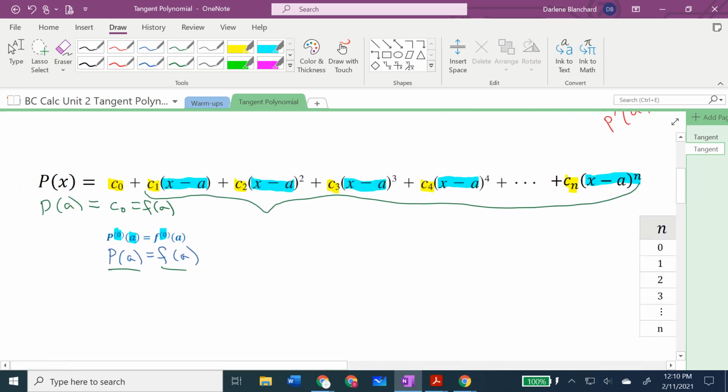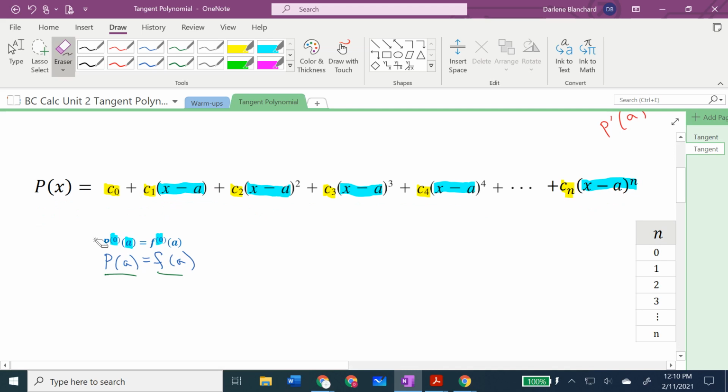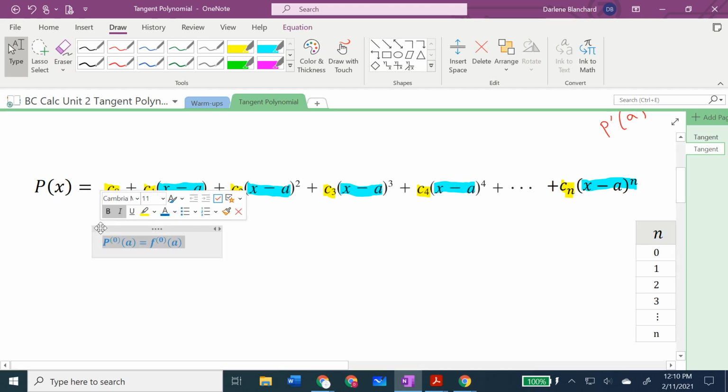Now, we're going to take the derivative of P of X. So I am going to erase, get some of this out of the way. And now just focus on what's there, and let's take the derivative.